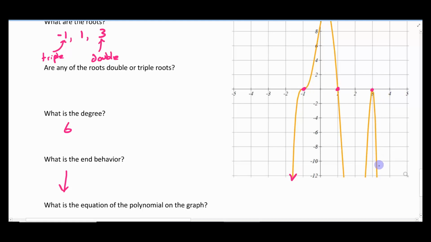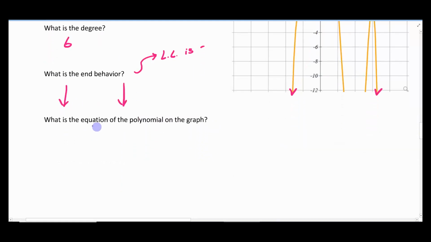Well, I'm looking here, here's the right, and it looks like this one is heading down. So we have a down, down end behavior, okay? And what that tells me is that the leading coefficient is negative. Okay, so we have an even degree with a negative, and that gives me more information to help me write the equation of our polynomial.